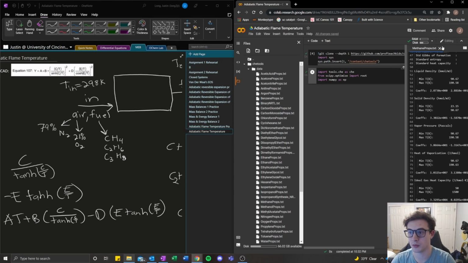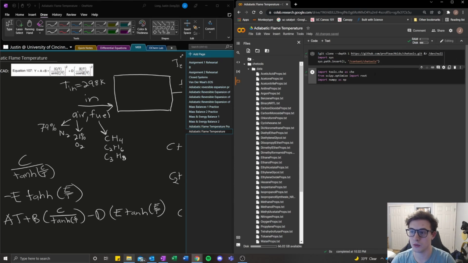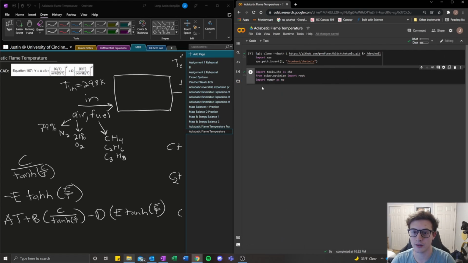So those are also going to be important. So we're going to be needing to use this ChemCAD stuff here. And then I also needed to import SciPy root. We're going to use a root solver, and then NumPy, because we are going to be doing some math. So I'm going to run both of these, and we can get to it.